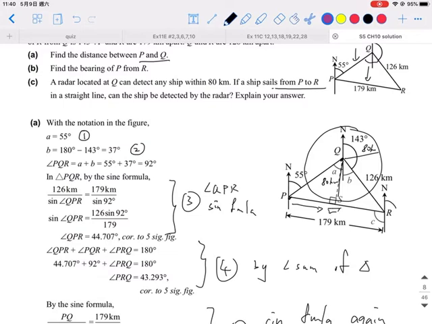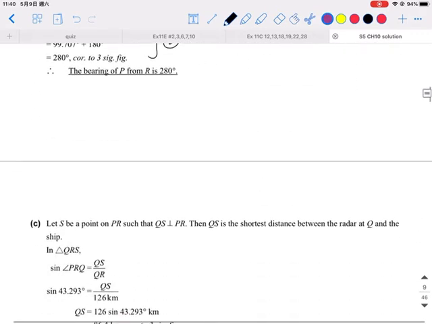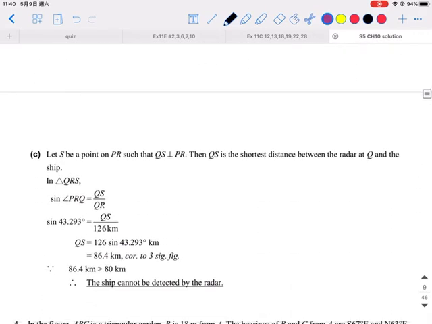So can the radar at Q detect the ship? So that means, is the shortest distance from Q to the boat longer or shorter than 80 kilometers? Okay, so in this question, let's try to find the value of QS, which is the shortest distance from Q to PR. So in triangle, I try to draw a triangle for you.